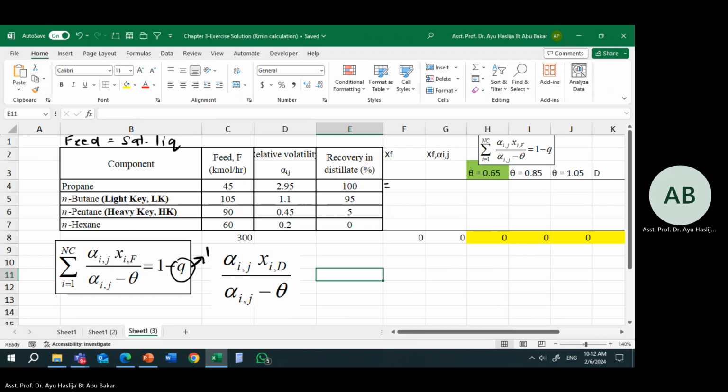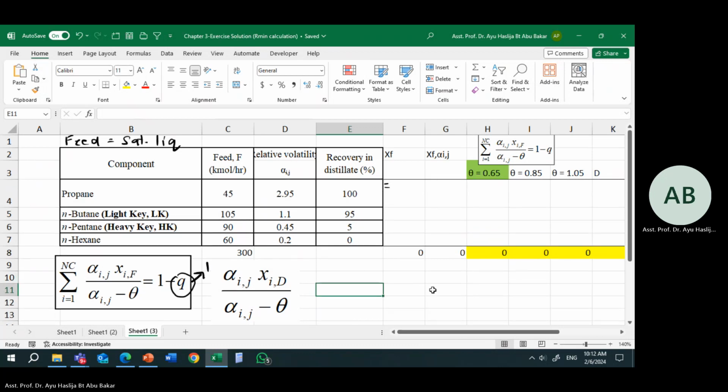Fraction of the feed? 300 divided by 45?